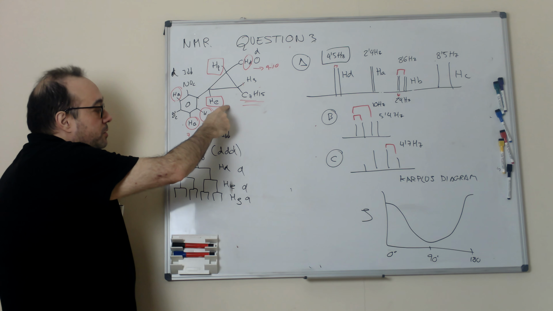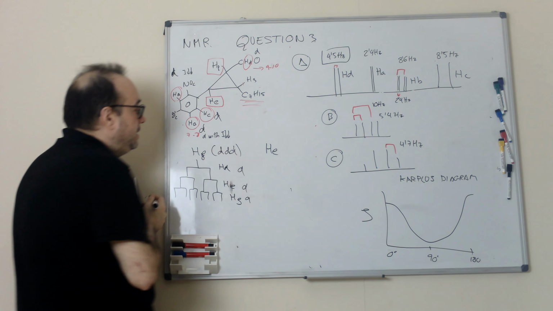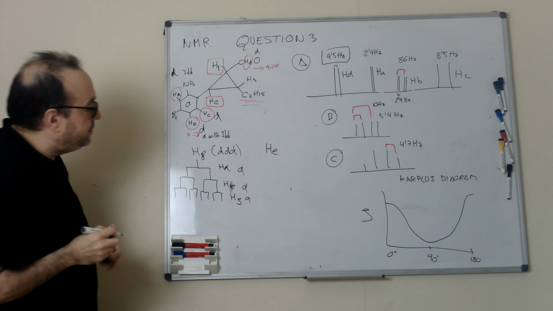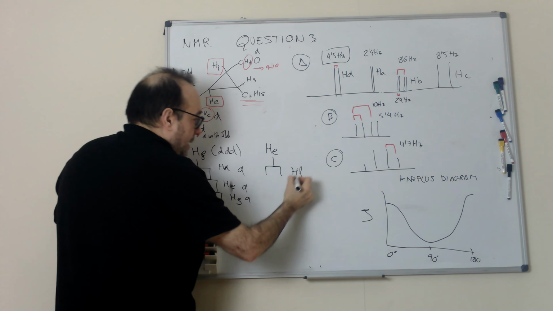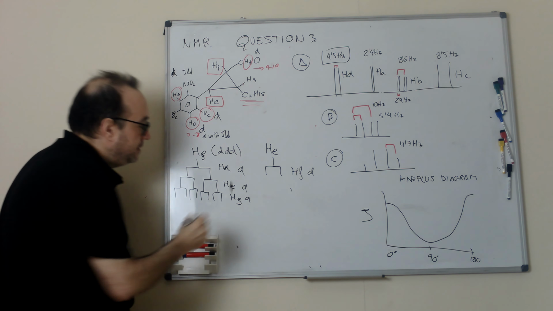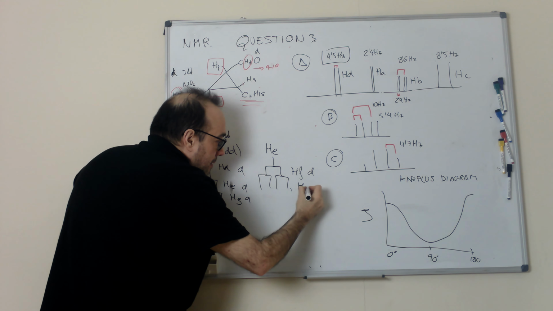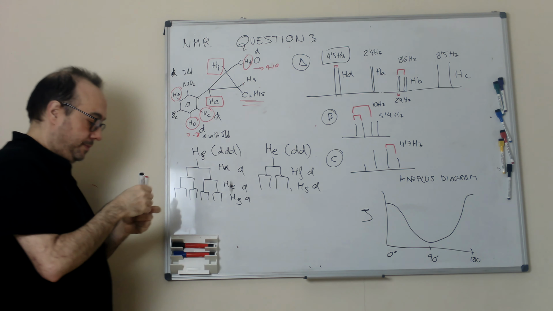The other proton is HE. Okay, HE has to couple with HF, a doublet, and has to couple with HG, another doublet. That means that it has to be a doublet of doublets.